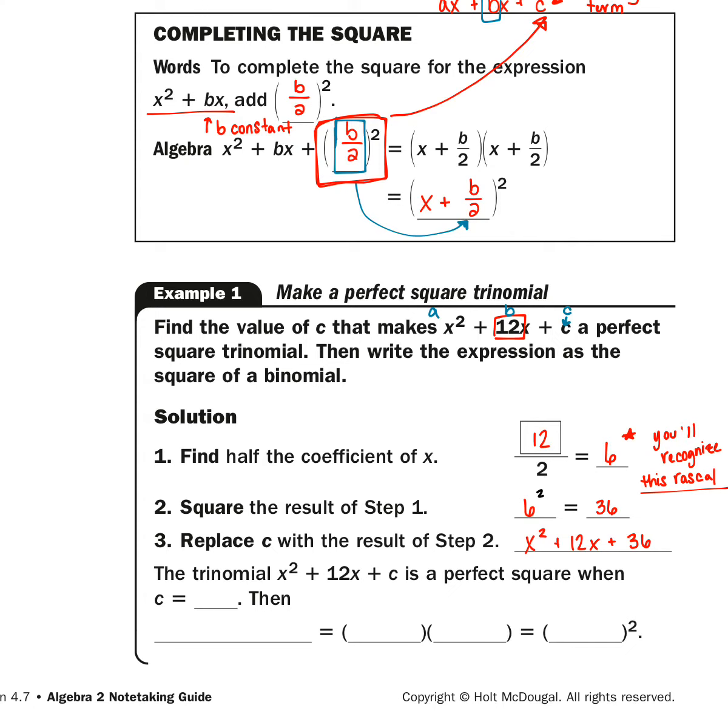So we just created a perfect square trinomial. Our trinomial x squared plus 12x plus c is a perfect square as long as c is 36. All right, so now we're going to factor our expression. What two numbers multiply to be 36 and add to be 12?